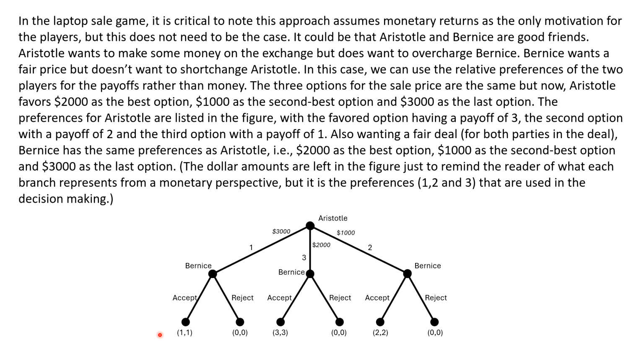So here it's even easier. We don't even need the analysis we did in the previous slide. We can just see that this makes the most sense for both, for Aristotle to offer it at 2,000 and for Bernice to accept at that price.